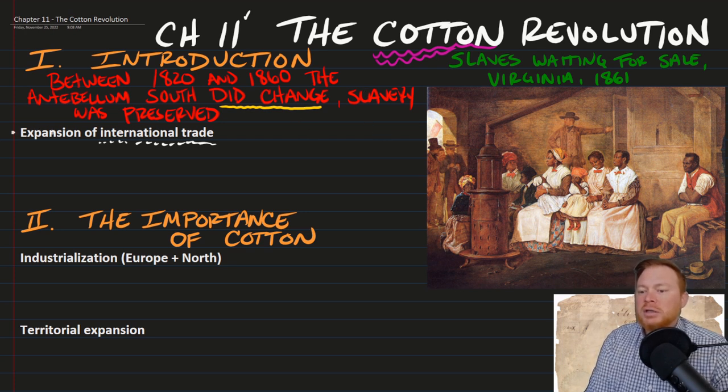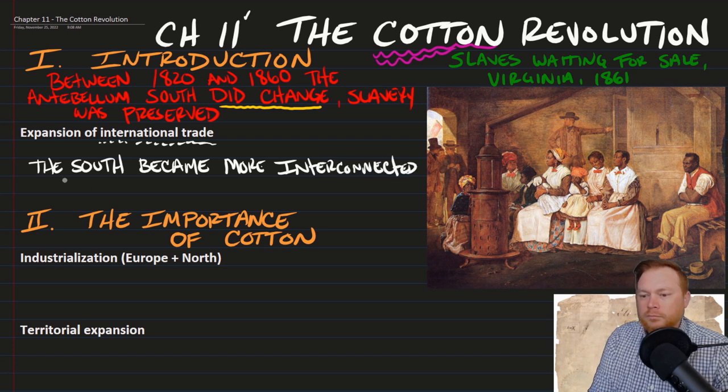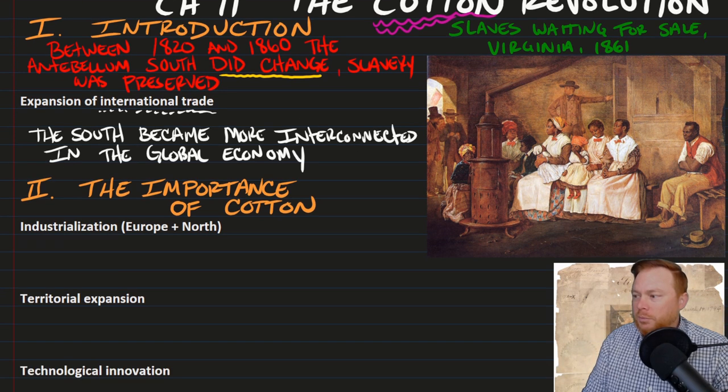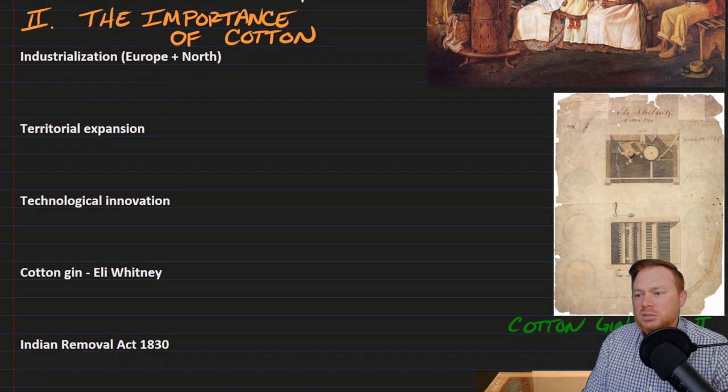So we might just say, in terms of expansion of international trade, the South became more interconnected in the global economy, which is essentially what international means. Really, the piece that the South contributes to the rest of the globalized industrial economy is this commodity of cotton.